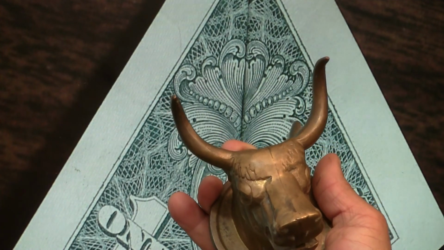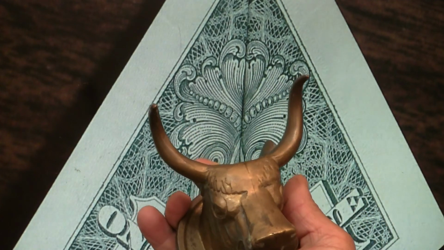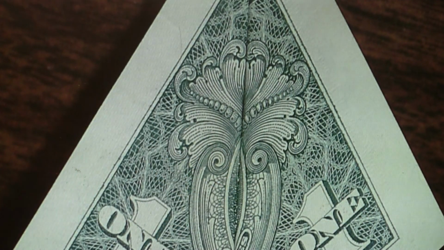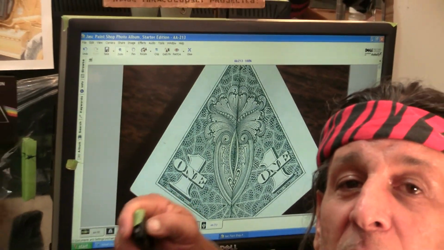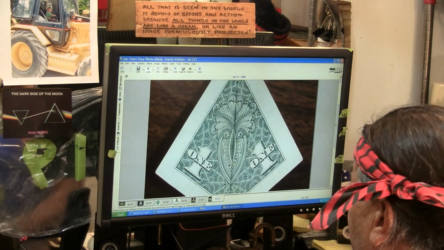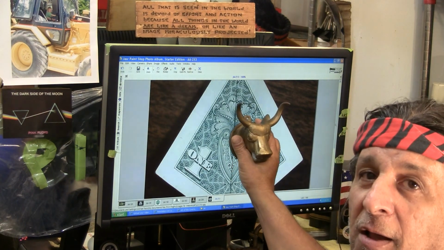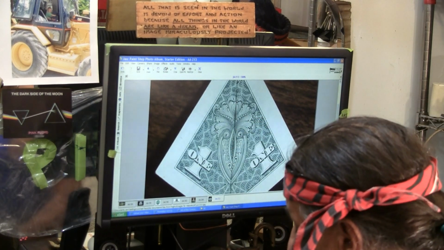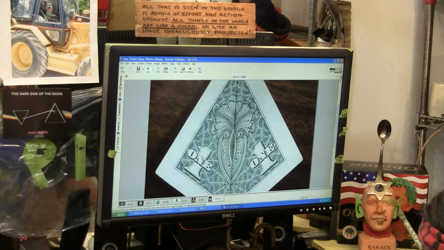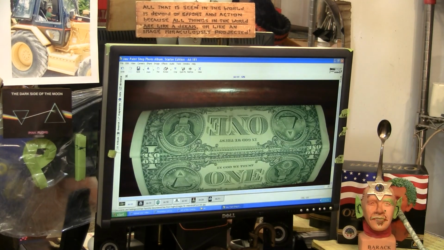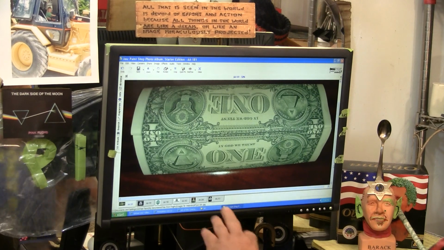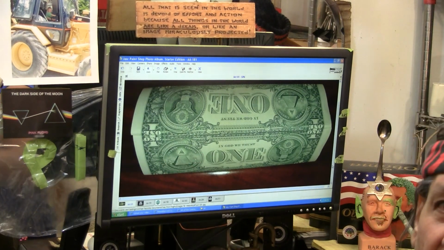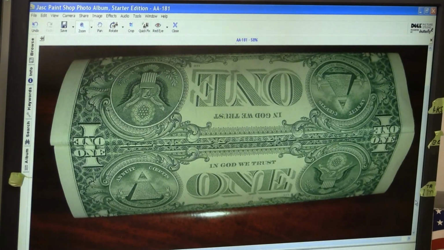So when you see the words oxen and bullock on the reverse of the $1 bill, and it is discussed that these pictographs appear on the Ark of the Covenant that was given to Moses by the Lord God, there is in fact an oxen or bullock on the reverse of the $1 bill and on the Ark of the Covenant, and that is denoted by looking at the pictograph on either end of the Ark of the Covenant, on either end of the $1 bill.